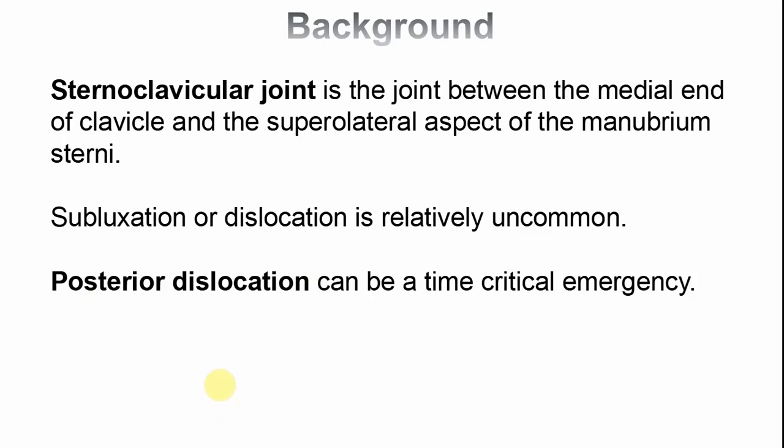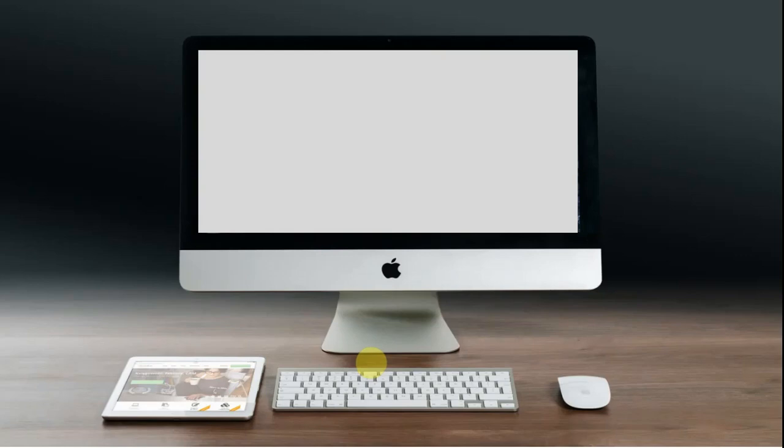The anterior dislocation usually does not cause much problem other than a bit of disfiguration, a bit of swelling in the side of the neck, and it can be a little painful. But posterior dislocation can be a time critical emergency, and we need to diagnose it early, and management options should be taken very seriously as a time critical emergency.